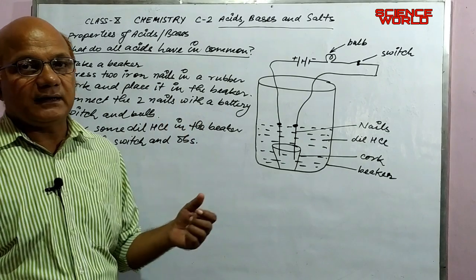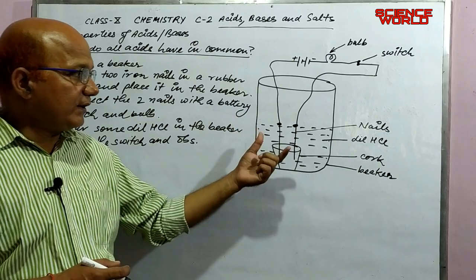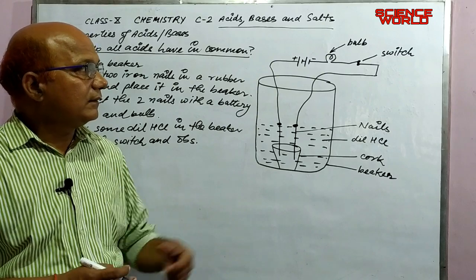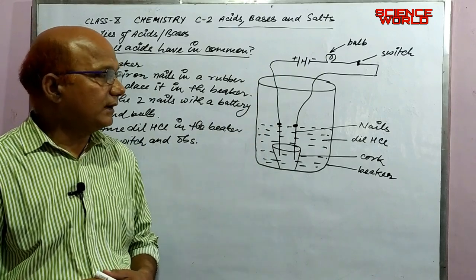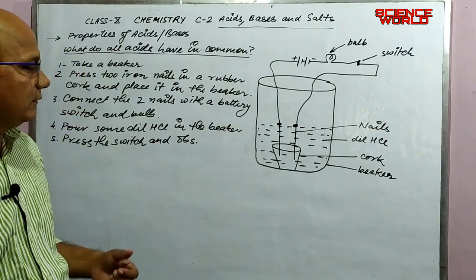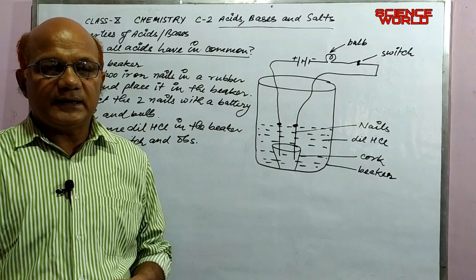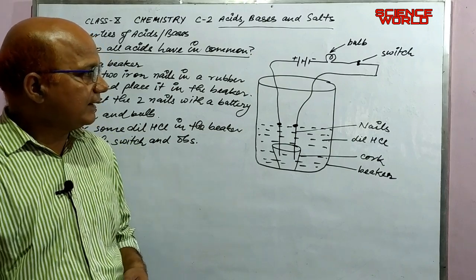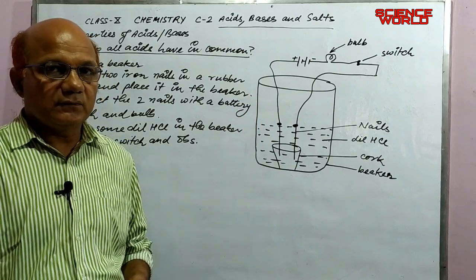So, in this activity, when you press the switch after pouring dilute hydrochloric acid in the beaker, the bulb starts to glow. Okay. Now, repeat this activity by taking another acid like sulfuric acid, then again we find that the bulb glows.